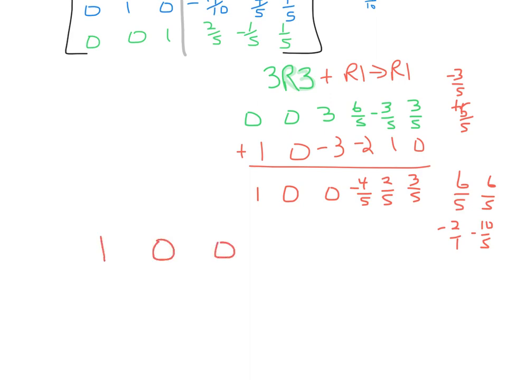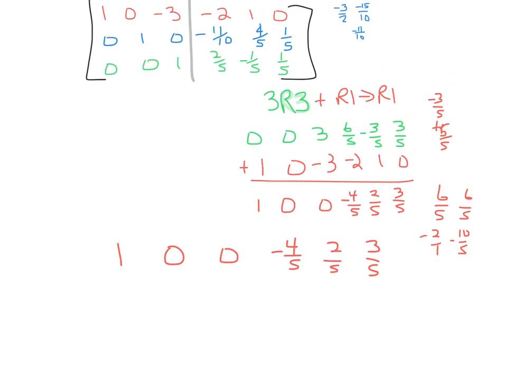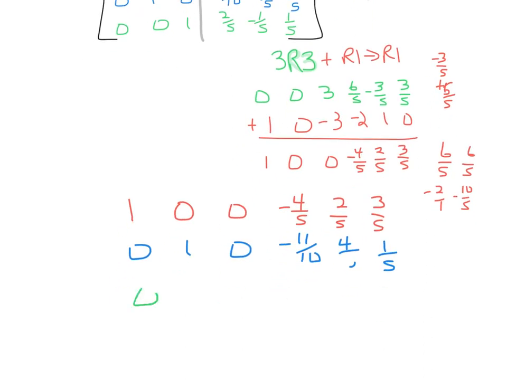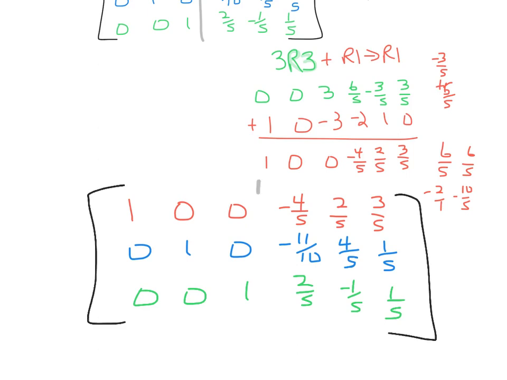1, 0, 0, -4/5, 2/5, 3/5. The blue row stayed the same: -11/10, 4/5, 1/5. Green stayed the same: 0, 0, 1, 2/5, -1/5, and 1/5. Show my gray dividing line.